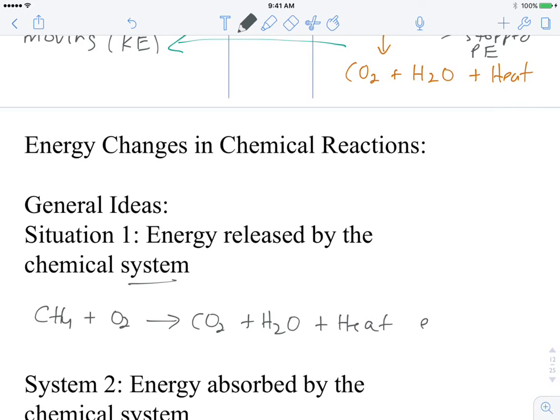They call this exothermic. This is the release of heat, the exiting of heat from the system. Where does it go? It goes to the surroundings. So it's released by the chemical system and it enters the surroundings. Because it's entering the surroundings, and you are the surroundings, this will feel hot.